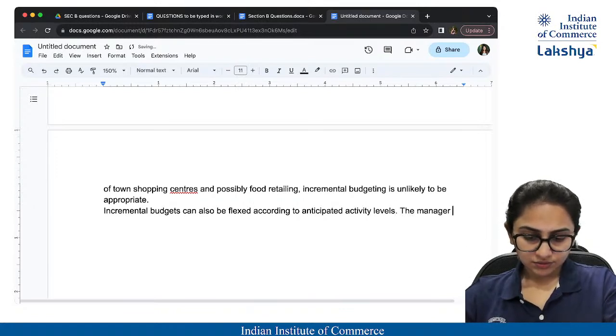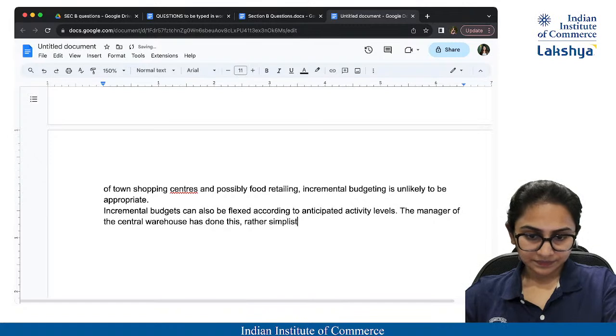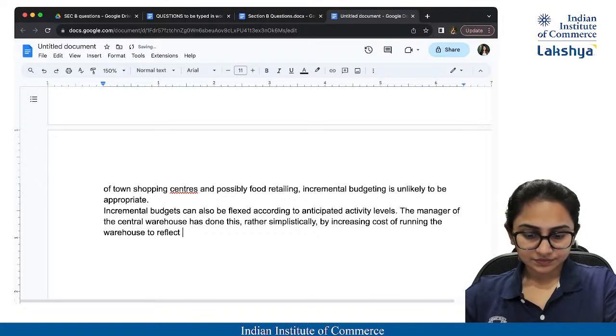The manager of the central warehouse has done this rather simplistically, by increasing the cost of running the warehouse to reflect the anticipated increase in volumes in 20x6.